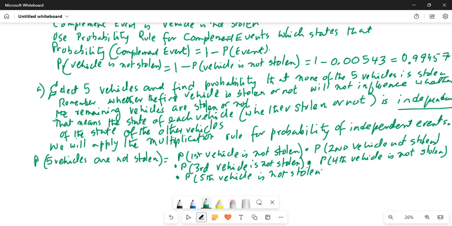So this is equal to, the probability the vehicle is not stolen is 0.99457 for the first vehicle. The probability that the second vehicle is not stolen is also the same.